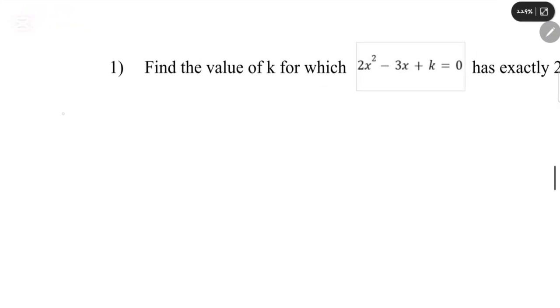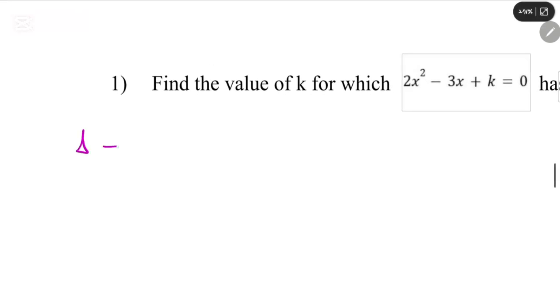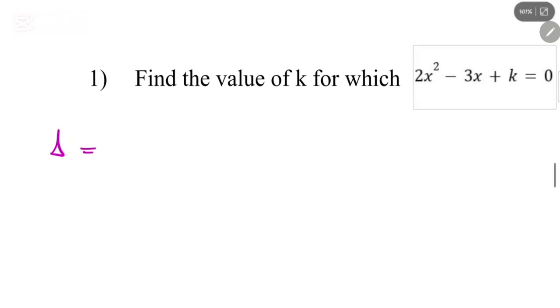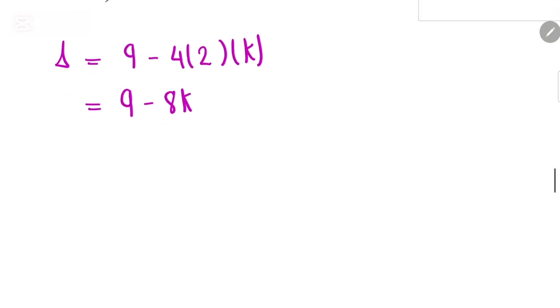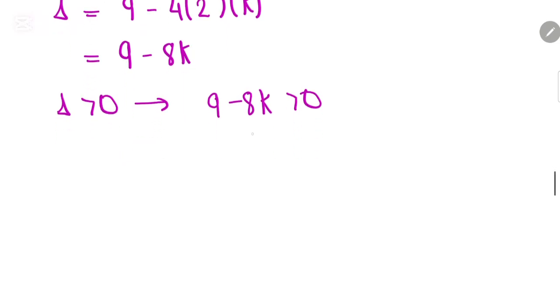So we first need to get the discriminant before we set the inequality as larger than 0. The discriminant is going to be 9 minus 4 times 2 times k. That is your expression for the discriminant. Since the discriminant is larger than 0, we can set it bigger than 0 and solve from there.